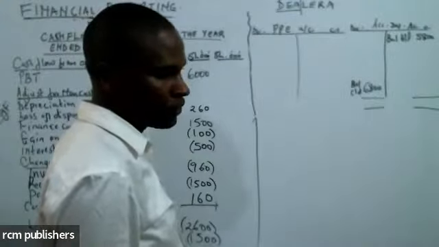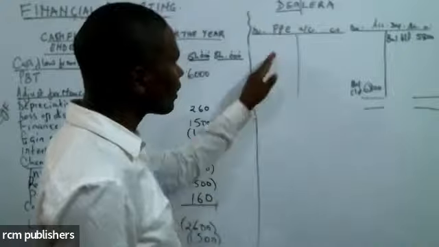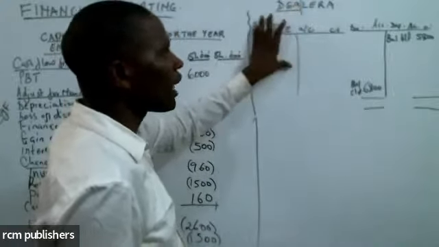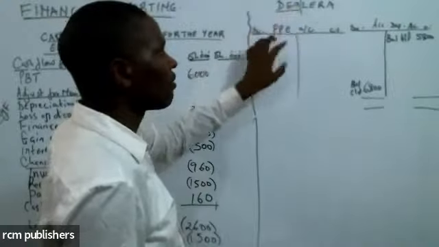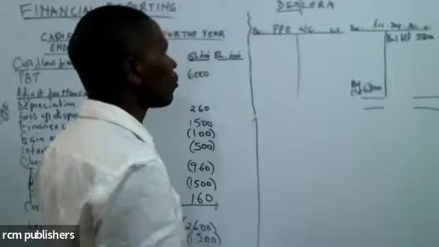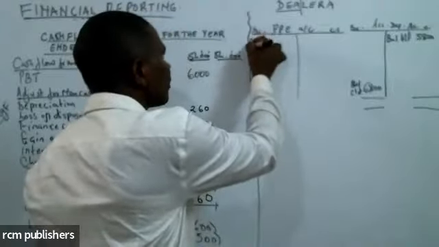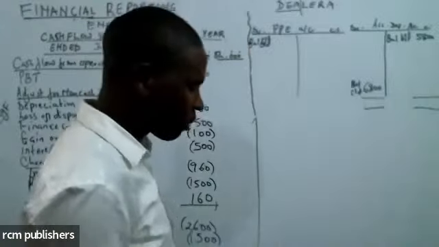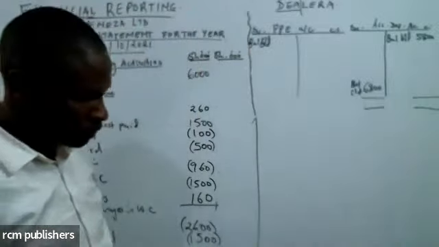Good. Now, when it comes to our PPE, it falls under asset. All asset classes have a debit balance. Therefore, the balance brought down will be on the debit side. So what is the balance brought down of our PPE? Just check.